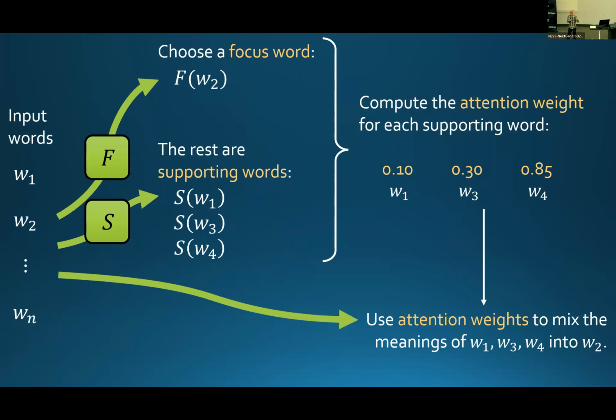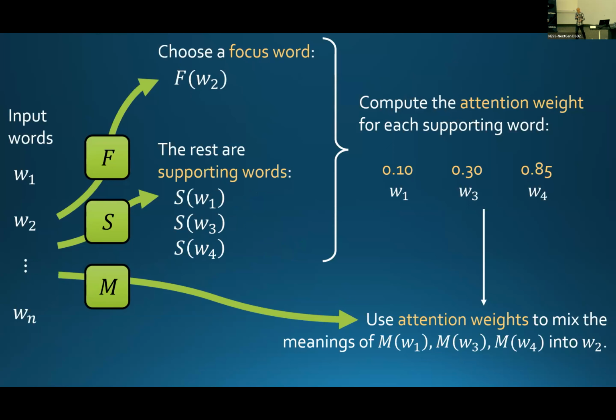So I'm no longer expecting that input vector to play two different roles; I'm converting it so it's ready in each case to do a different job. Finally, I'm also going to create a function M that takes any one of those word vectors and prepares it for the third job, to be a meaning that you could mix into a nearby word. Okay, so now let's finally answer the question of how we compute the attention weights. Here's the crazy thing.